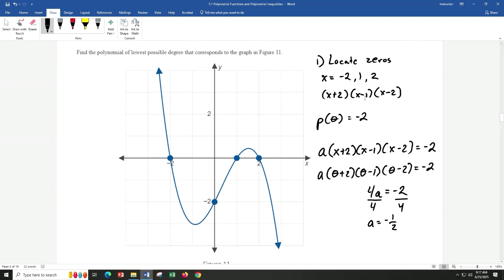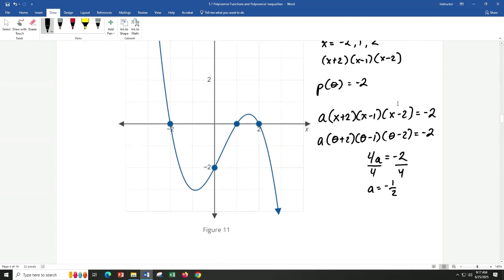So when you want to put this all back together, now mind you, they're fine with you keeping it like this with the parentheses. So this would actually equal P of x is equal to -1/2 times x plus 2, x minus 1, x minus 2.